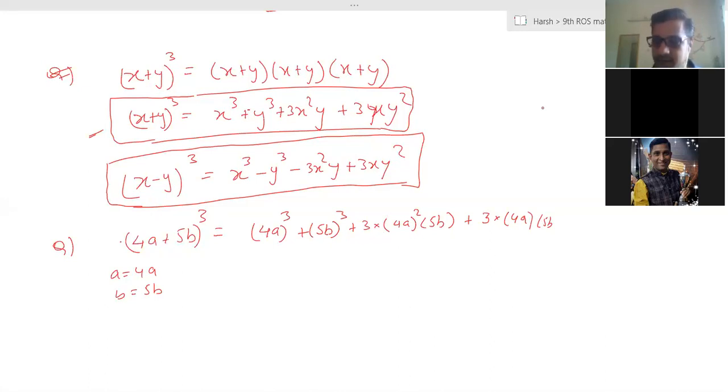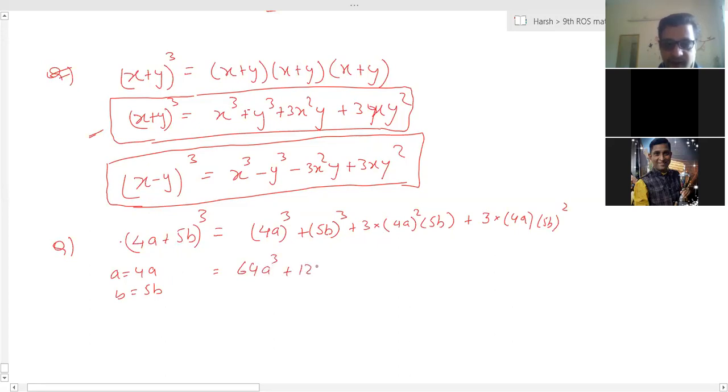So it will be 64a cube plus 125b cube plus 4 4 is 16, 16 5 is 80, 80 into 3 is 240 a square b plus 5 5 is 25, 25 into 4 is 100, 100 into 3, 300 ab square. Correct?